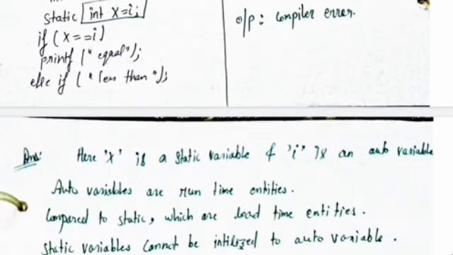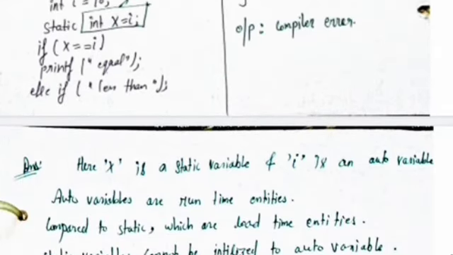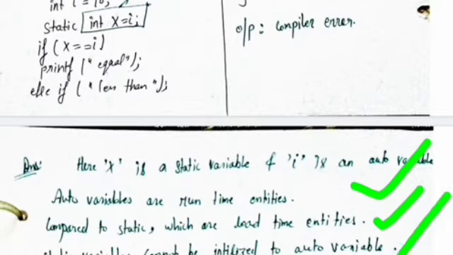For more clarification on the answer: here x is a static variable and i is an auto variable. Auto variables are runtime entities compared to static ones, which are load time entities. A static variable cannot be initialized with an auto variable, since it can only be initialized with a constant value.